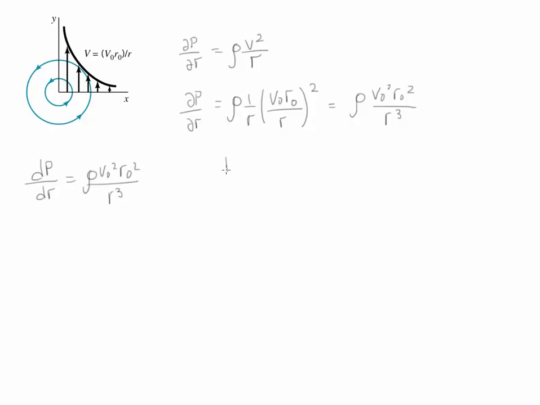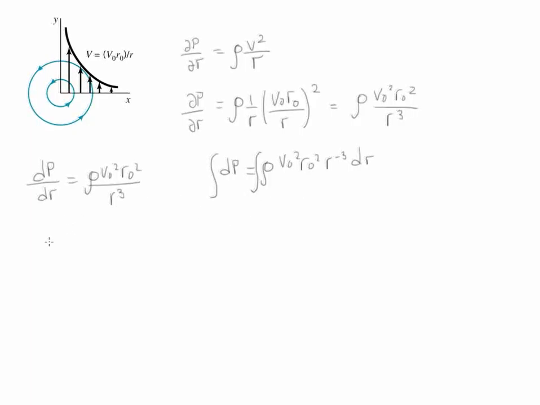We do separation of variables. The p stays on one side, and the constant and the variable r go to the other side. To integrate, I'm just going to put this as r to the minus 3 dr. I'm going to do the integration on both sides, and then I get that p is equal to minus rho v0 squared r0 squared divided by 2r squared plus a constant c.